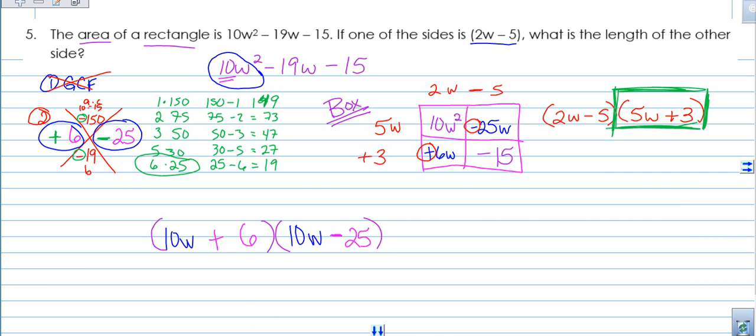Now you're going to take out a GCF from both of these. Well, 10 and 6, they both have a 2 in common, okay? And 10 and 25 both have a 5 in common, okay?